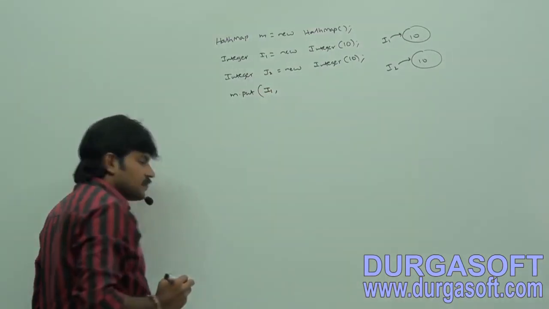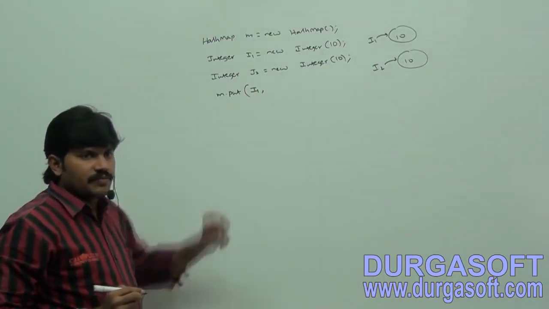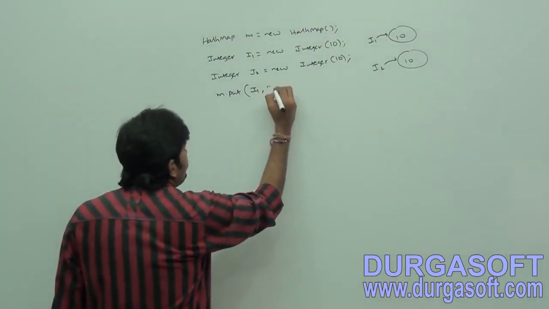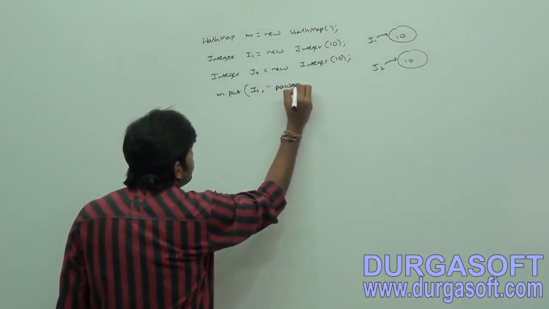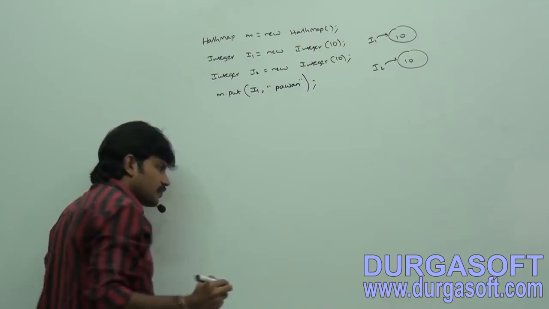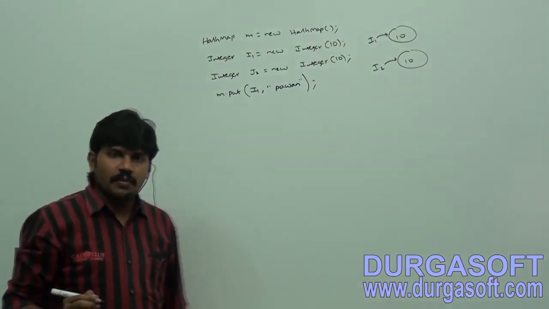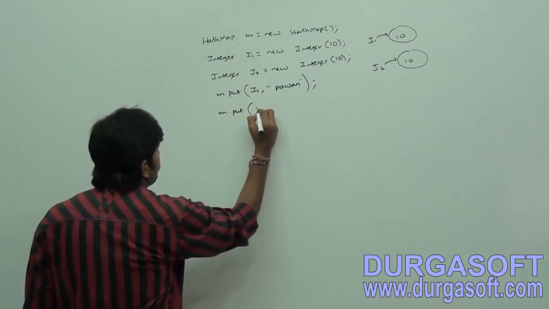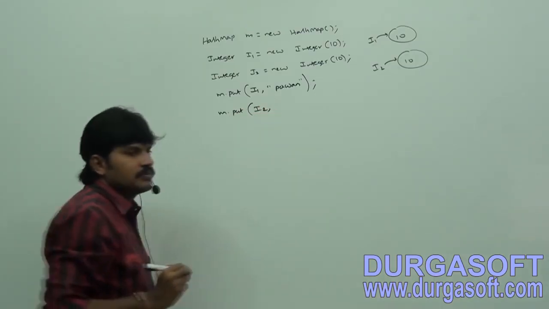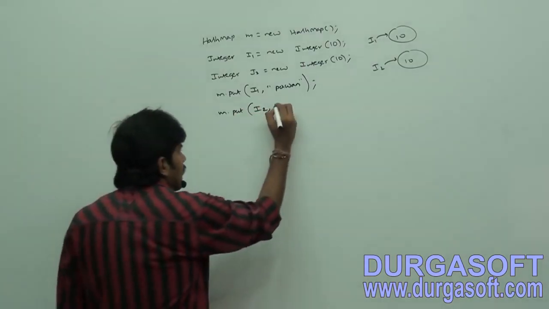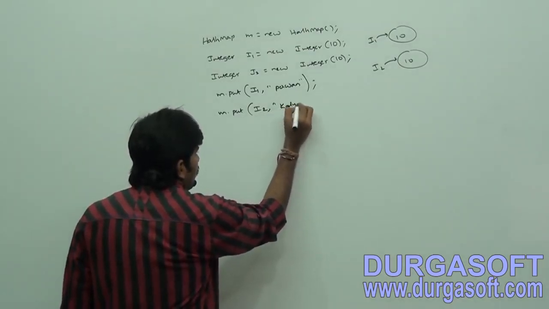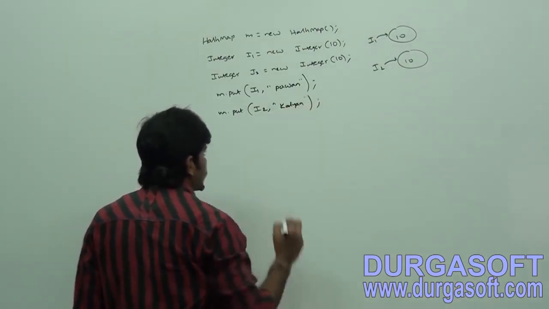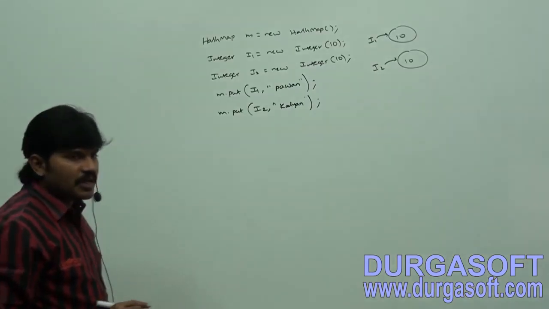I1 is the key, correct or not? Next, the value is Pavan, like I am taking. m dot put of I1 comma Pavan. Next, m dot put of I2 comma Kalyan, like I am taking.